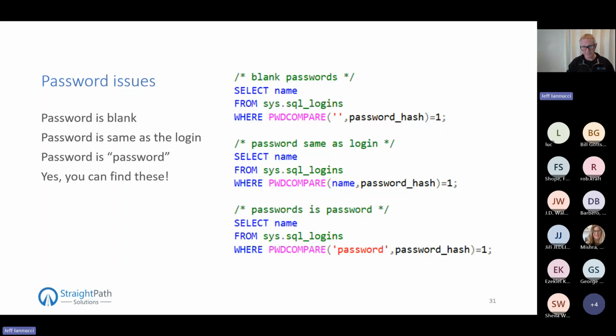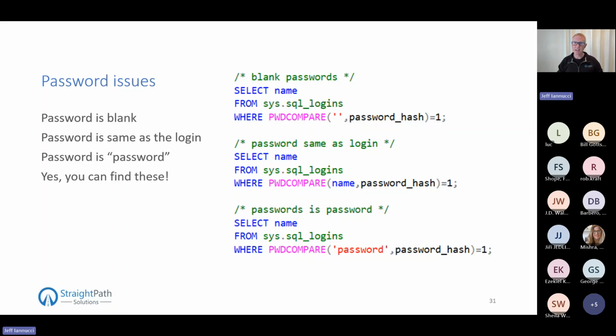There's a function that allows you to compare a character string to say, is this the password of any account? And then you can find any logins. And as I briefly mentioned, sp_Check_security is what we use to perform security assessments for our clients.